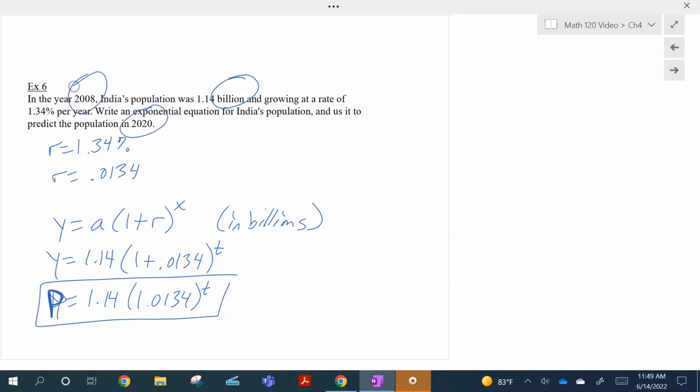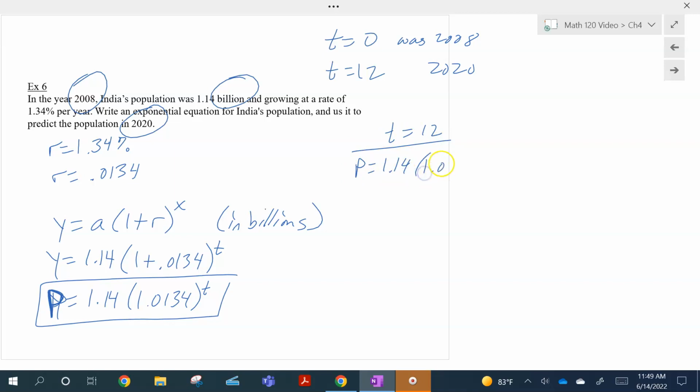Well, 2008 was, t being 0 was 2008. So 2020 minus 2008, that's 12 years. So let's let t be 12 for the year 2020 and find our population in billions. Put that in your scientific calculator. 1.337444136.